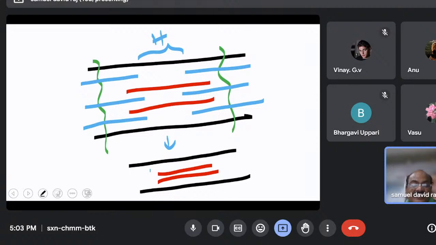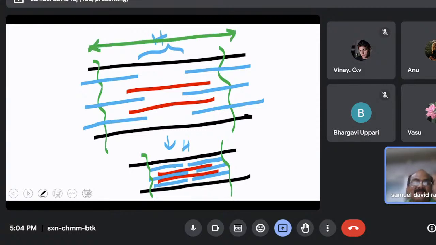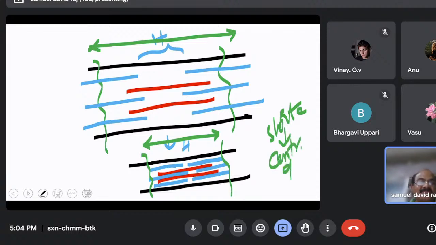Because the thin filaments, that is the actin filaments, are brought into the Hensen's disc. So the length of the muscle is decreased, and this decrease in length we call shortening or contraction of muscle. So contraction of muscle takes place.